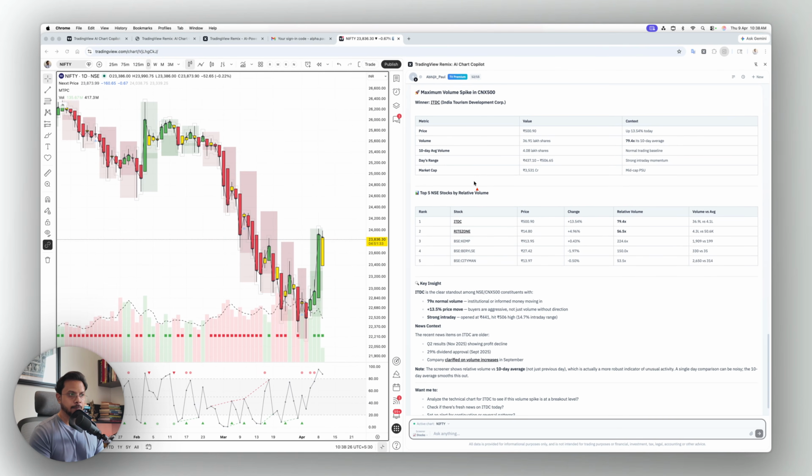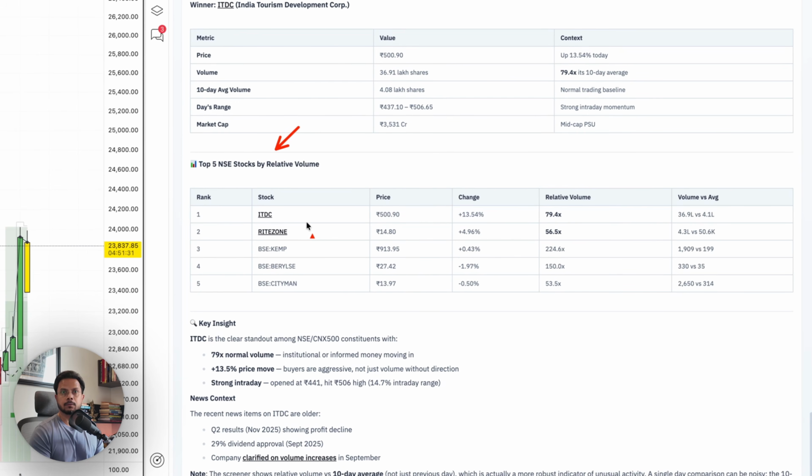Apart from that, the top five NSE stocks by relative volume. Wow. It's like you go to most decent level Italian restaurants or joints, and they give you an assorted bread basket with a bit of olive oil and balsamic vinegar, maybe a nice unsalted butter, and you don't mind them.